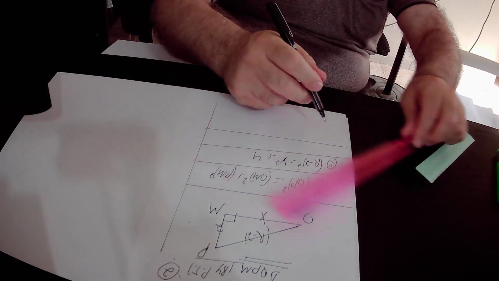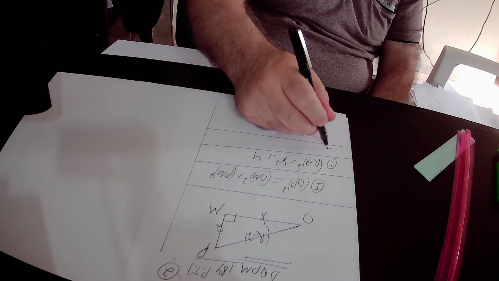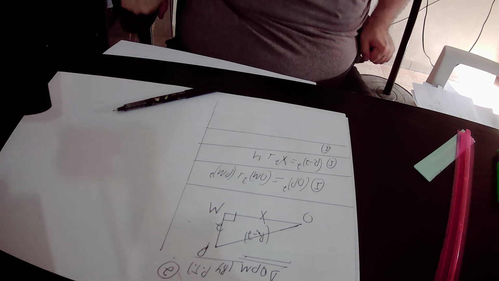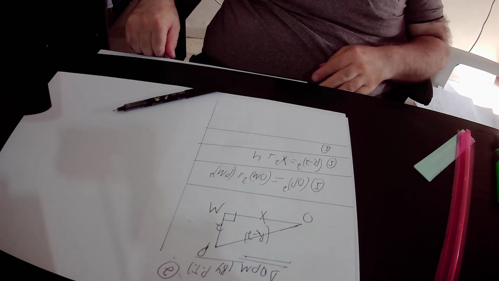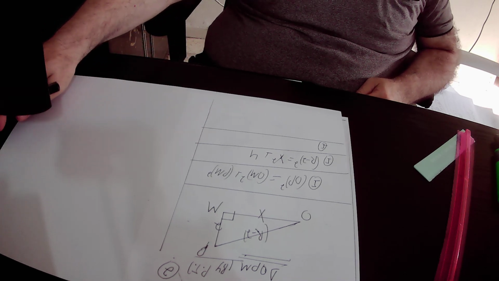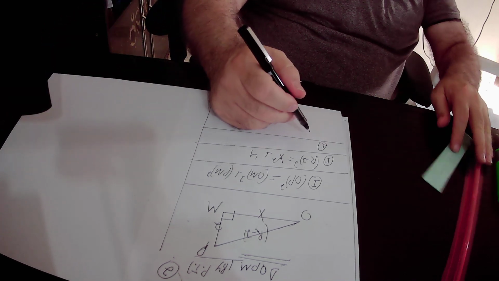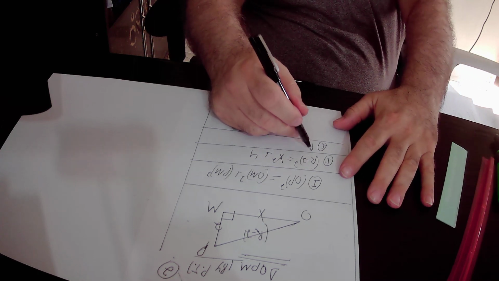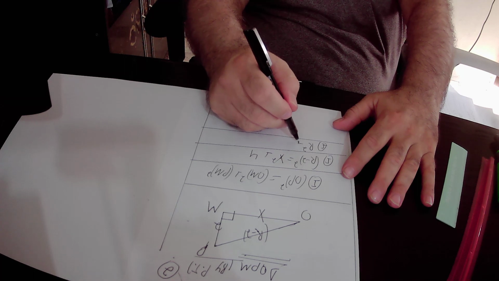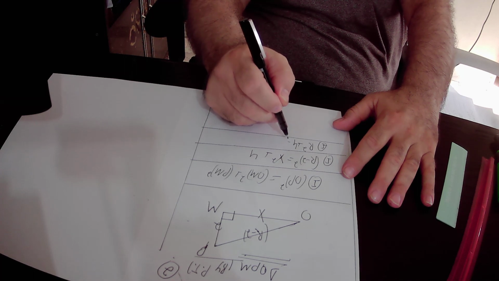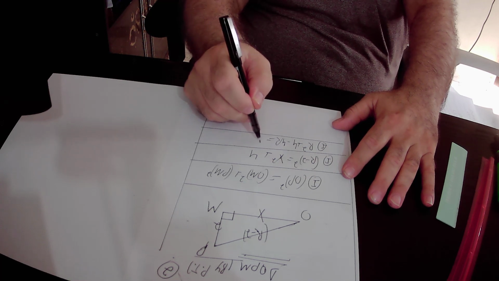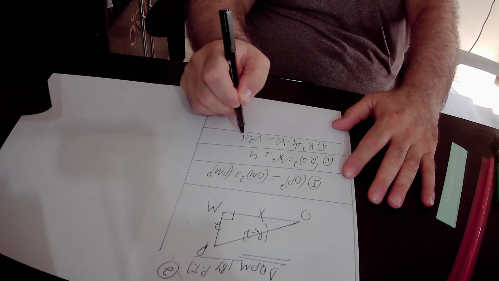Here we open the brackets on this side of equation number 1 and we get that according to equation number 1, R minus 2 squared equals R squared plus 2 squared, that is 4, minus 2 times R times 2 is minus 4R, and it is equal to X squared plus 4.